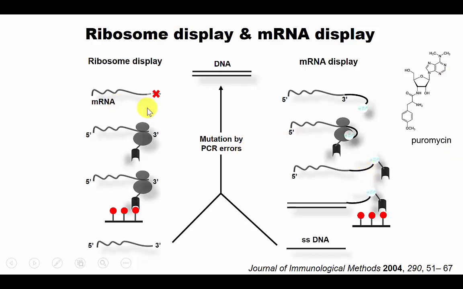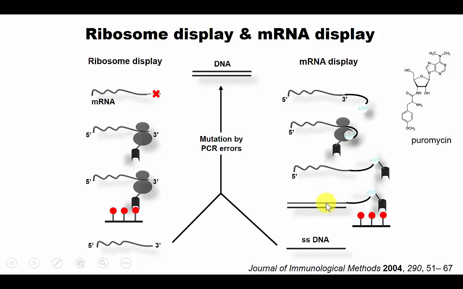mRNA usually is quite unstable. That's why we first do reverse transcription to secure the cDNA, and then screening can be done. After that, this single-strand DNA can go into the PCR cycle, for either recycling of the screening or sequencing. Then there is the cell-free system.